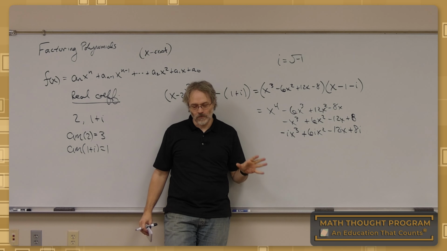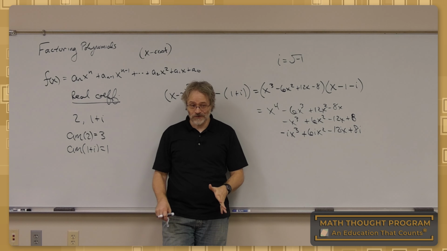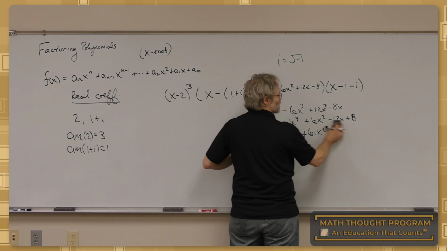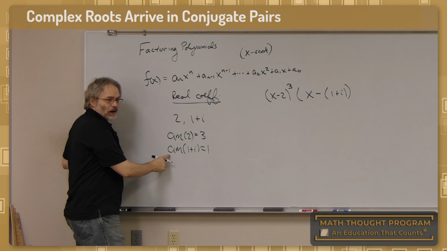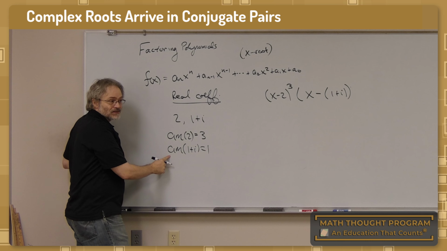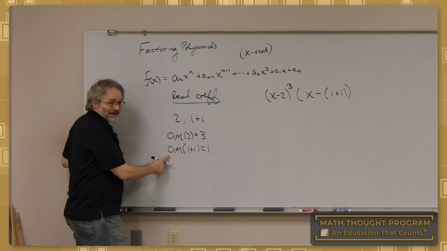Whenever you're working with polynomials with real coefficients, this is part of the story. This is not the full story. What happens is you're going to have roots, and if they're complex, they're going to arrive in conjugate pairs.